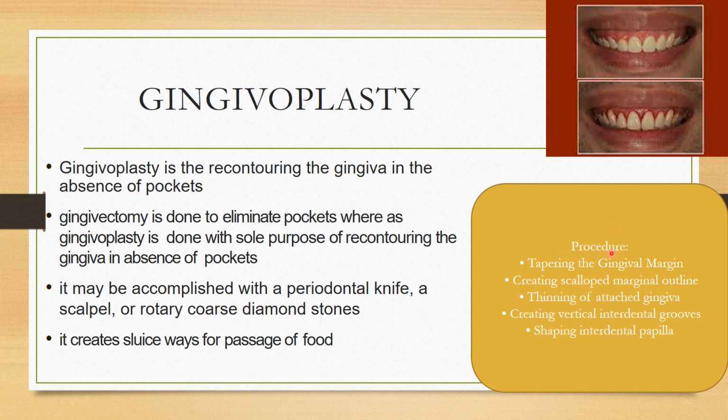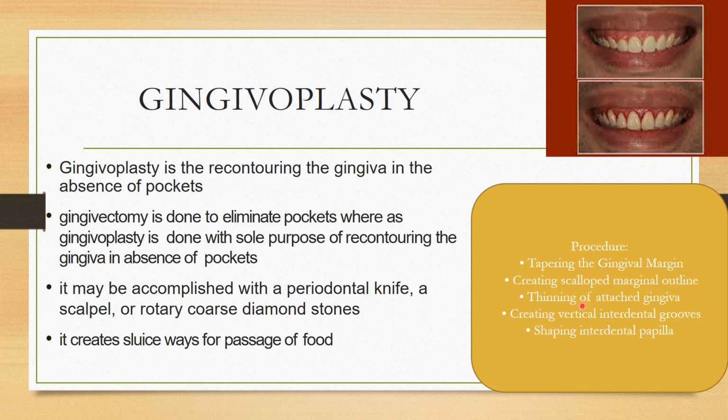So you can see that the procedure will be done. There is a tapering of the gingival margin, especially thinning of the gingival margin. The blunt, thickened margins will be smoothened and merged with the tooth surface, and also creating the scalloped marginal outline. So tapering the gingival margin, scalloping the marginal outline, and obviously thinning of attached gingiva.